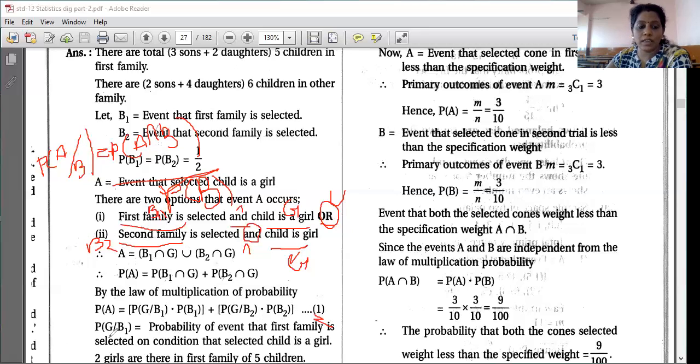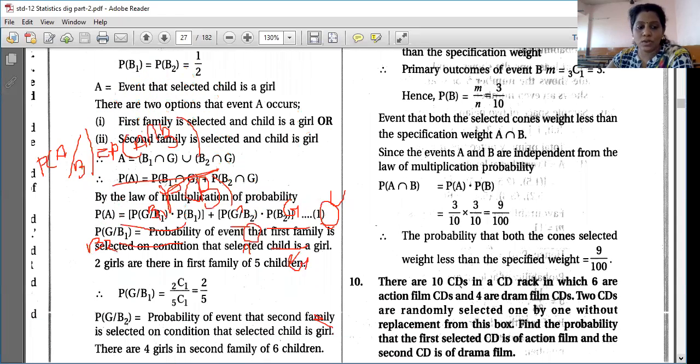Now P of G upon B1 is the probability that a girl is selected on the condition that the first family is selected. Okay? And how many girls are there in the first family?